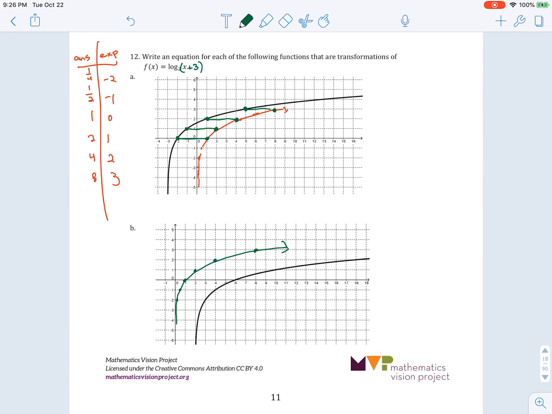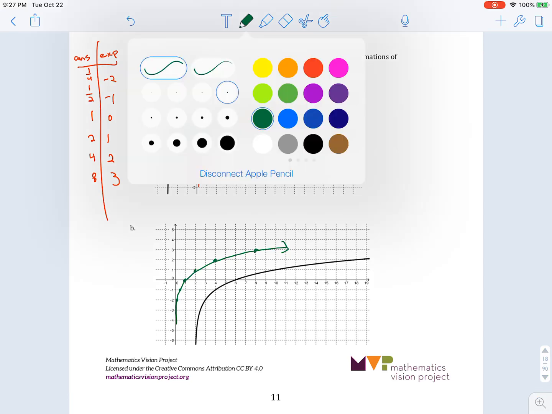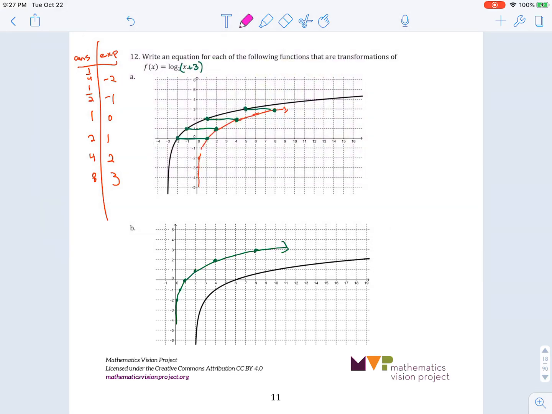So I can tell that the graph has been moved over for sure, and then it looks like it's also been moved down. So the question is, how far down and how far over has it gone? Well, my first suspicion would be this, because it looks like those points might match up.